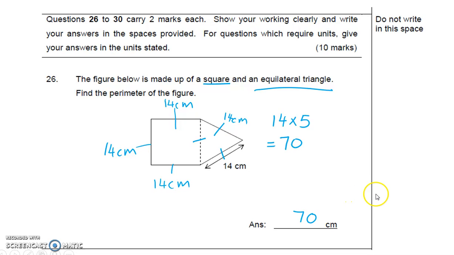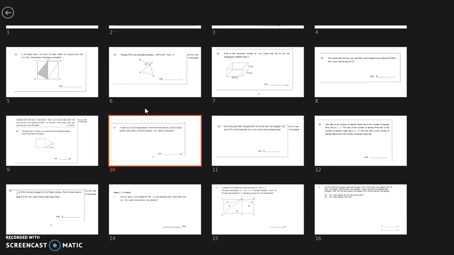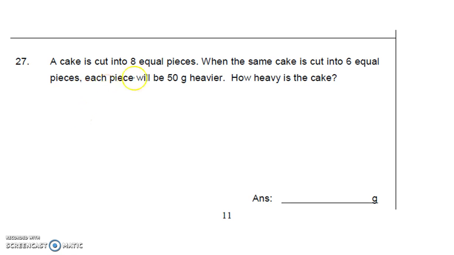Okay, let's move on to question 27. A cake is cut into 8 equal pieces. When the same cake is cut into 6 equal pieces, each piece will be 50 grams heavier. How heavy is the cake? Okay, the cake is cut into 8 equal pieces. However, this time around, if you cut it into 6 equal pieces, each piece will be 50 grams heavier.